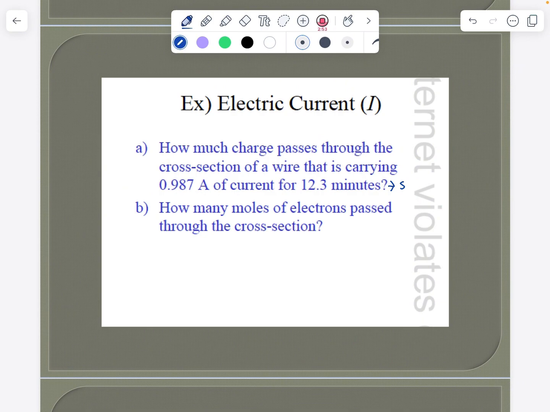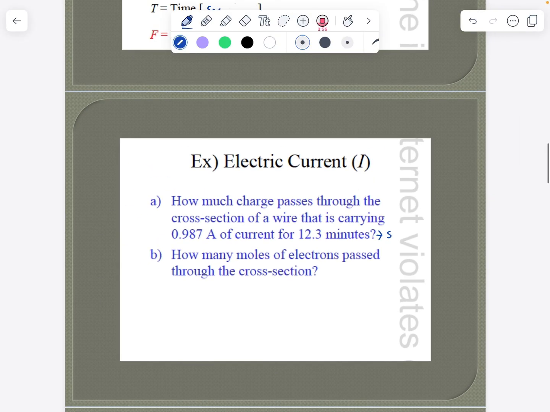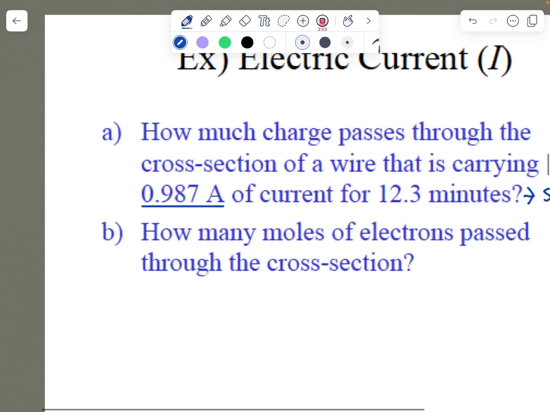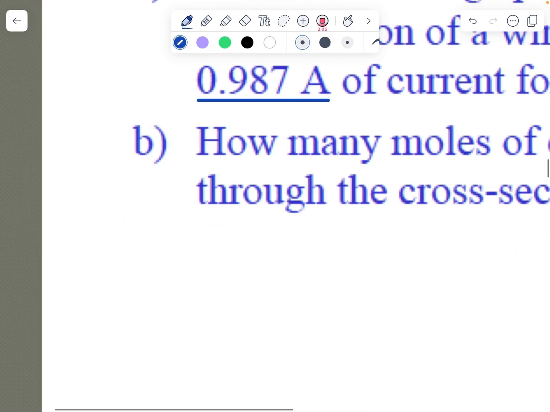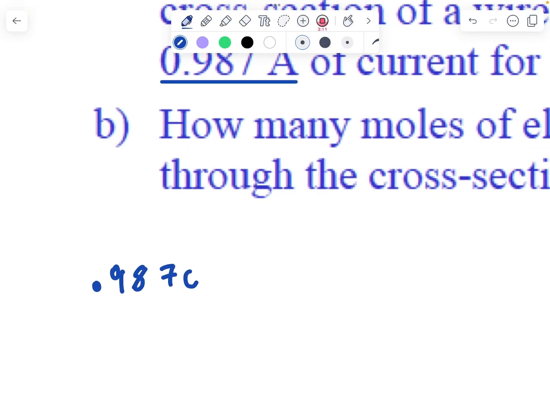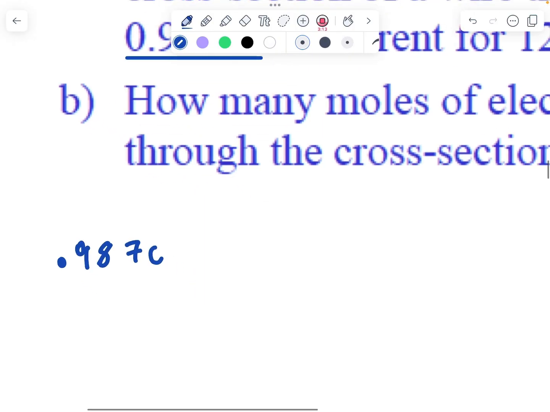So first, what I would do is convert 12.3 minutes into seconds, but first we are going to get our amps. So our amps are coulombs per second, so we know that this is 0.987 coulombs for every 1 second, right?